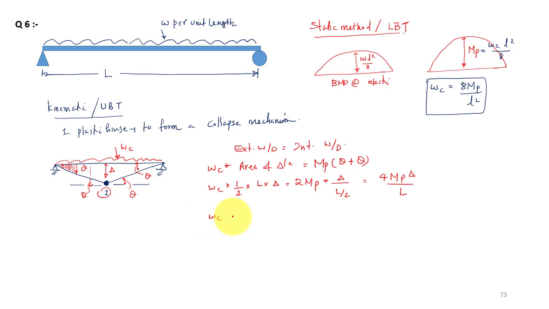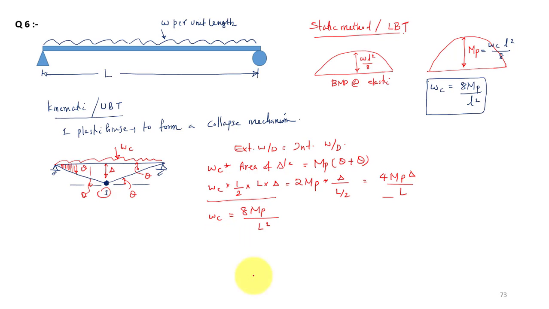So your collapse load intensity WC, you can solve from here, this is equal to this one. So you can solve it: 8 MP by L square, that is the intensity of your collapse load WC, 8 MP by L square.